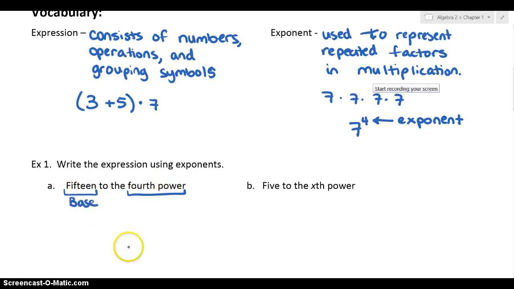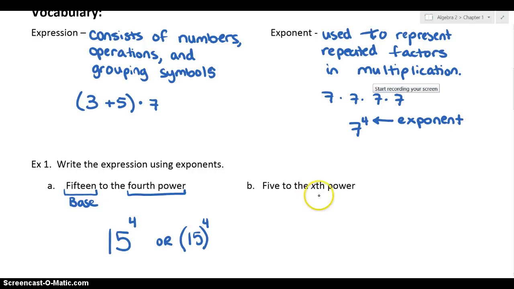Since 15 is a base, I write a really big 15, and it's to the fourth power. And notice that the power is at the top right corner, and it's written very small in comparison to the base. Sometimes people will use groupings such as parentheses to indicate that there's 15 written 4 times.